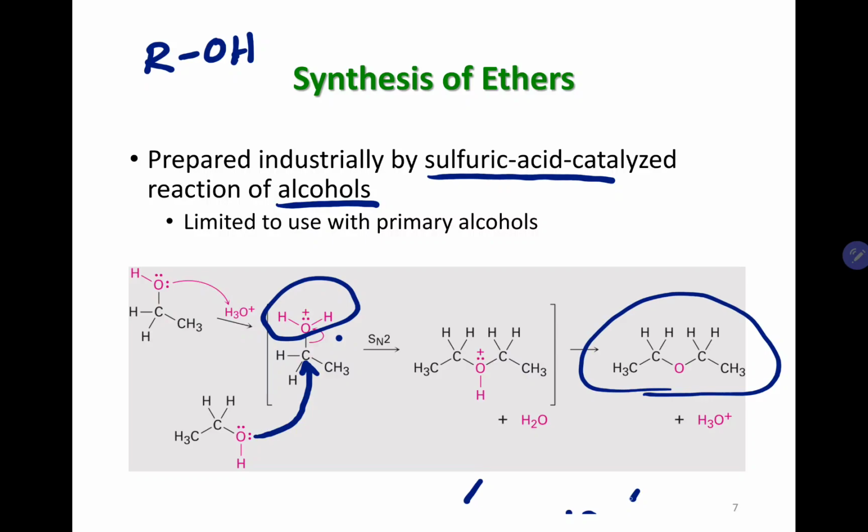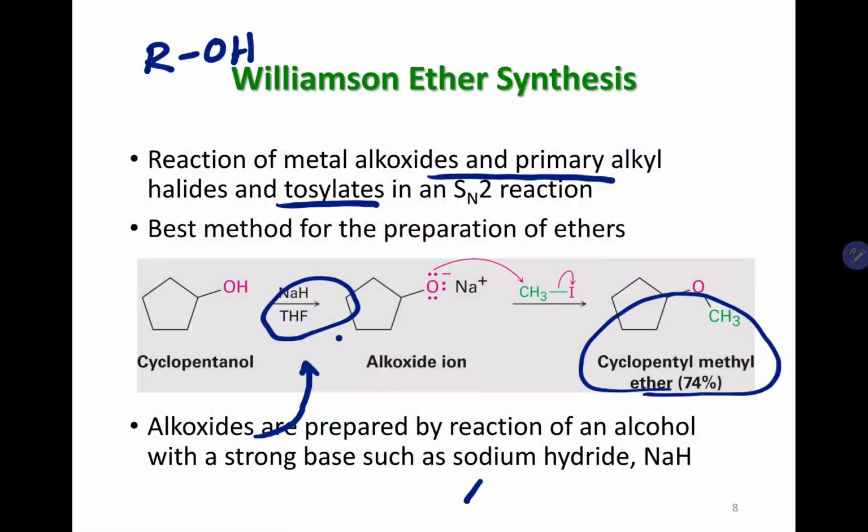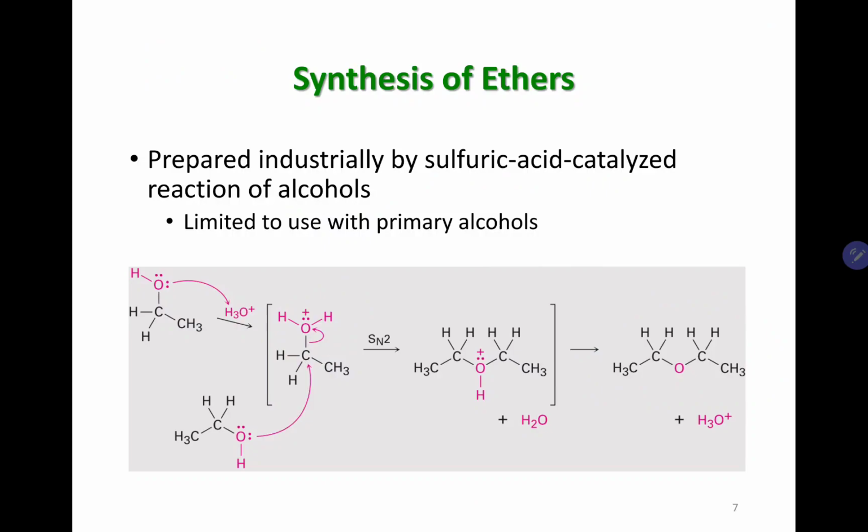If you remember SN2, to have SN2 reactions, you are required to have primary alcohols. Okay, so that is a limitation. You are required to have primary alcohols in this reaction, which means the alcohol carbon has at least two hydrogens.